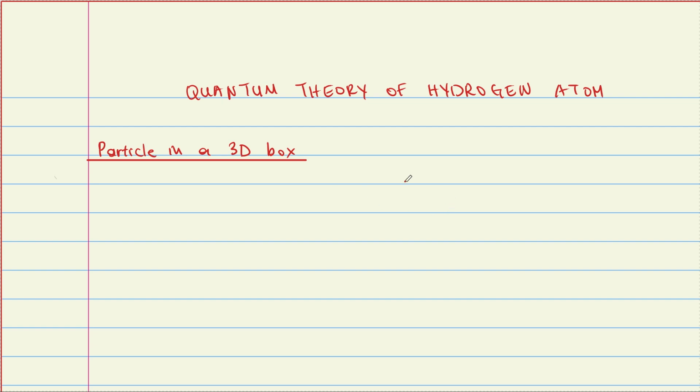So basically, the potential is now a function of x, y, and z, and it is equal to 0 if x, y, and z are inside a box from 0 to L, and infinity otherwise.